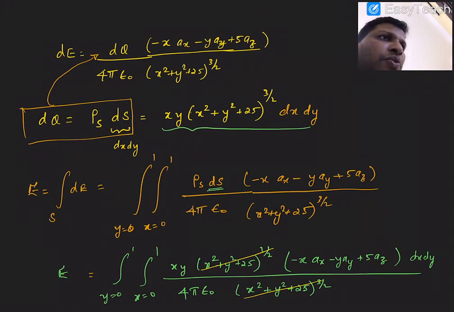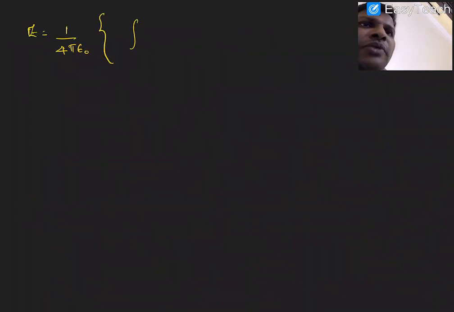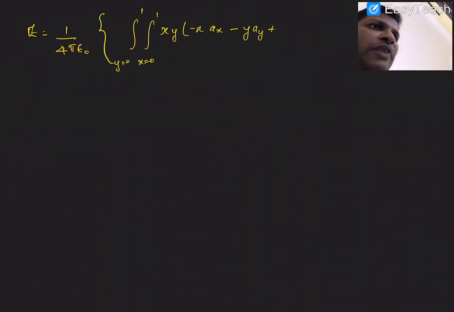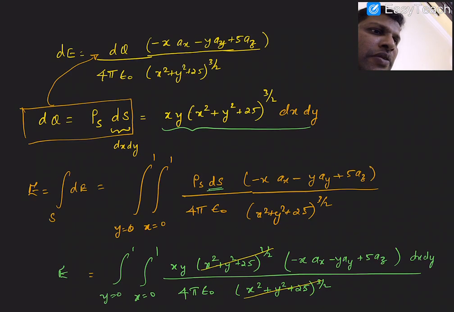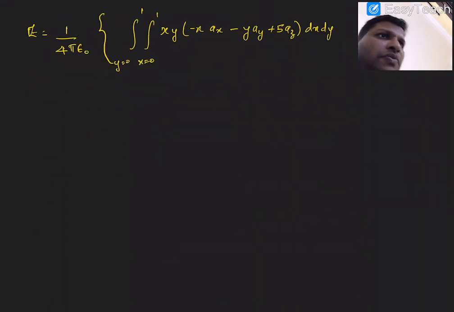So 1 by 4 pi epsilon 0, then the double integral, x changes from 0 to 1, y changes from 0 to 1, then xy into minus x into ax minus y into ay plus 5 into az, into dx dy. So the integral becomes more simple, I think.